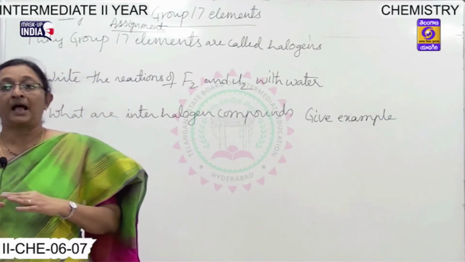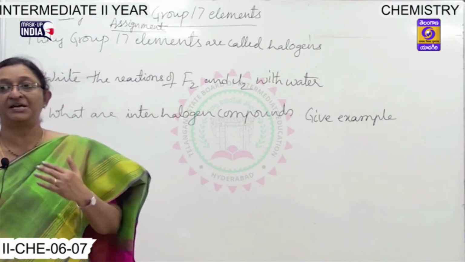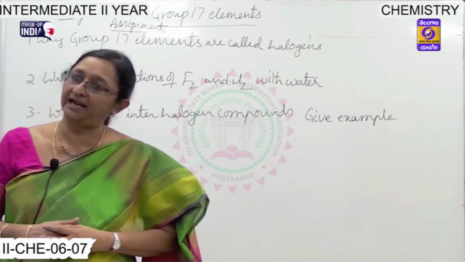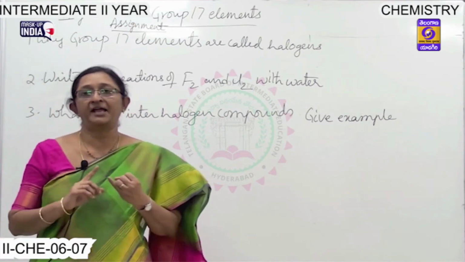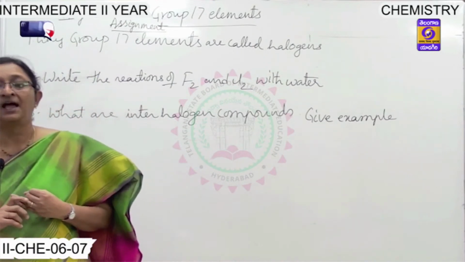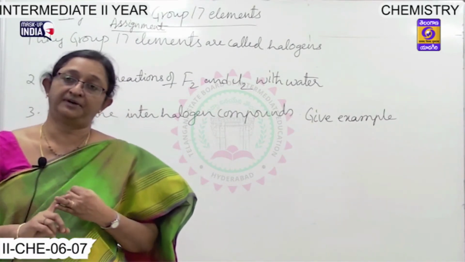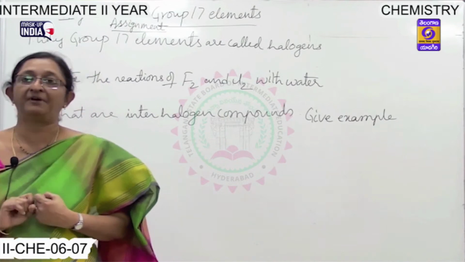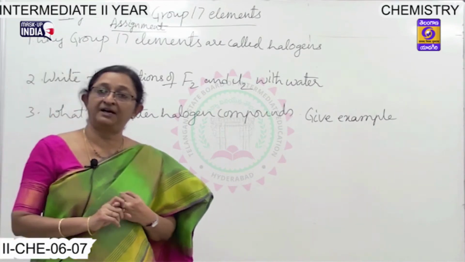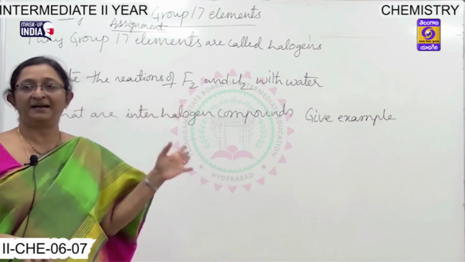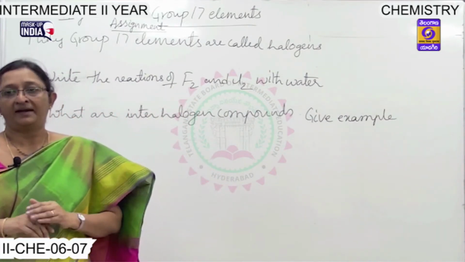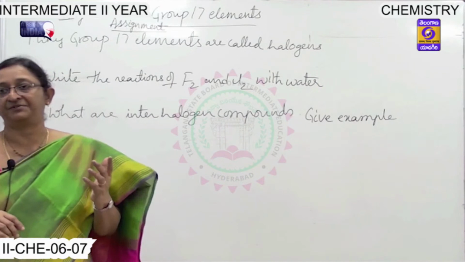So they can't lose the electron, but they show more tendency to take up the electron only. So that's why they will have high ionization enthalpy values, negative electron gain enthalpy values, and high electronegativity values. And these are all non-metallic in nature and at the same time highly reactive.